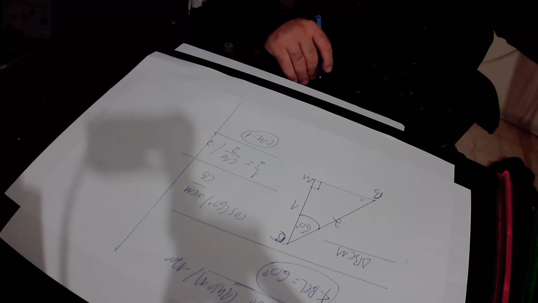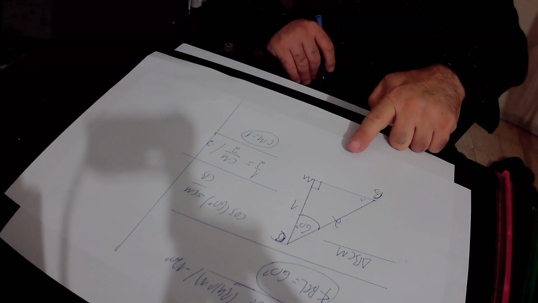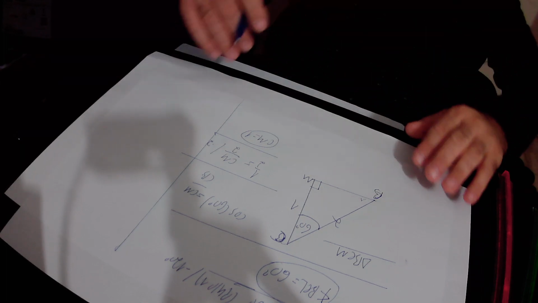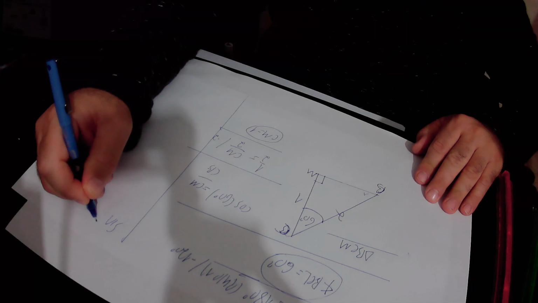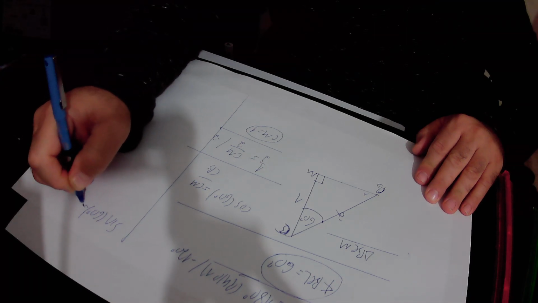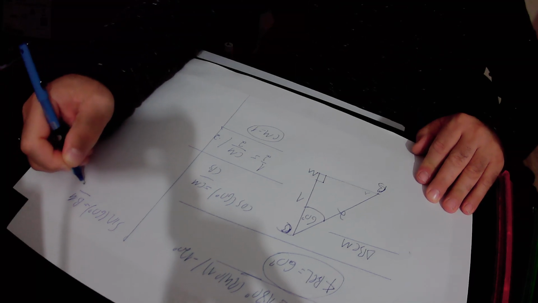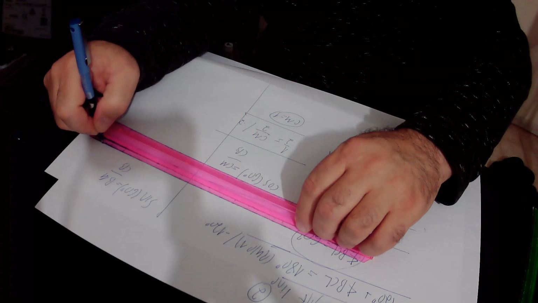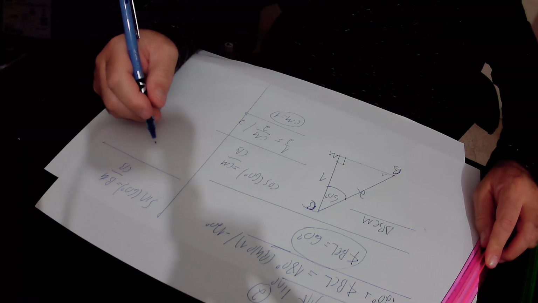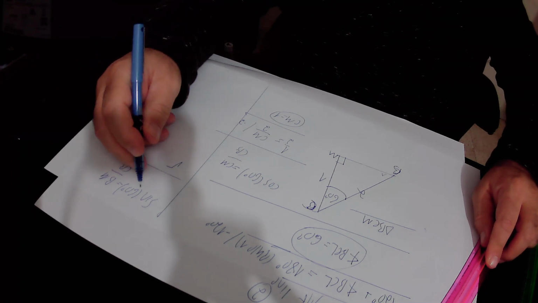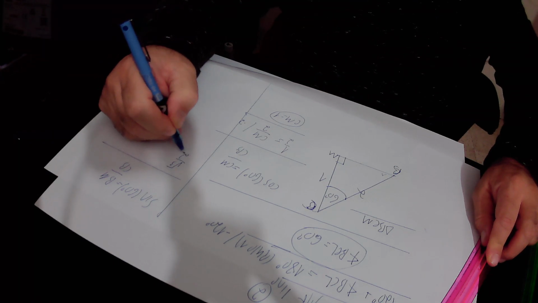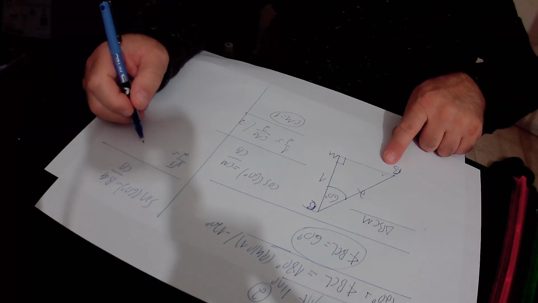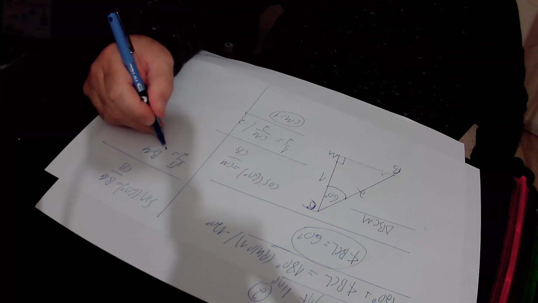In this right triangle, sine 60 degrees equals BM over CB. Sine 60 degrees equals the square root of 3 over 2, so we substitute sine 60 degrees by the square root of 3 over 2, and it is equal to BM, the missing side, so we leave it as it is, over CB.